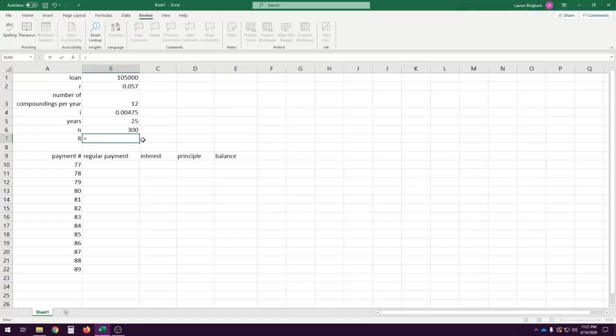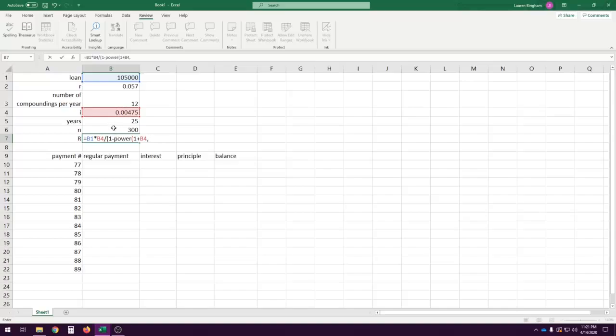What's nice about this is we can double check our R. So I'm just going to use the formula that we used before. We do A sub n times that big fraction, so times I, divided by 1 minus. Now instead of doing something to a power, Excel has a separate function for that, and that's power. So we do 1 plus our I, and then comma, to what power.